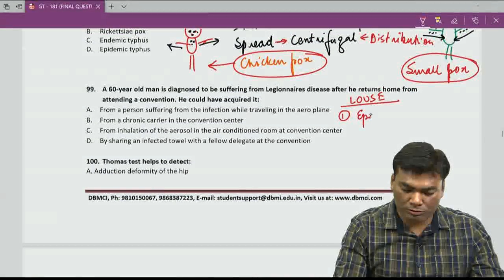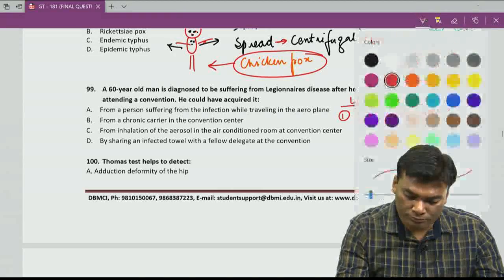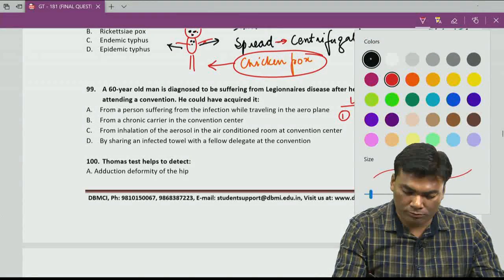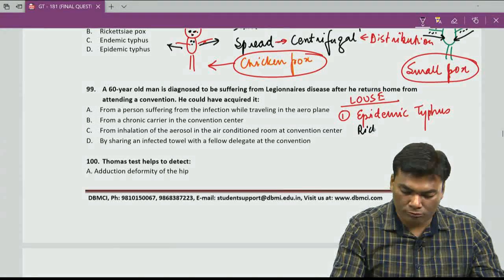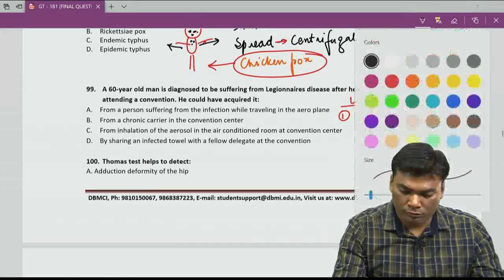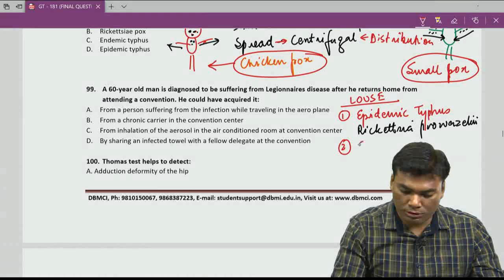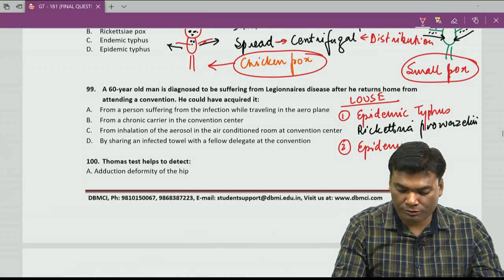epidemic typhus. This is caused by Rickettsia prowazekii. The second one is epidemic relapsing fever.